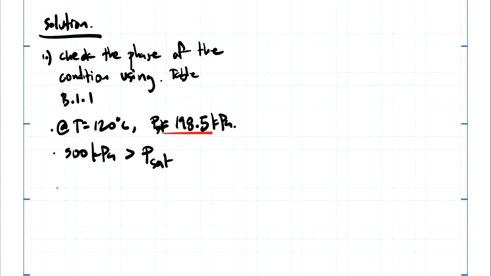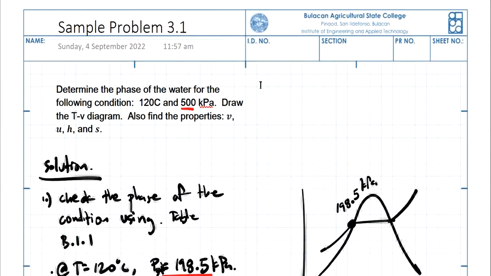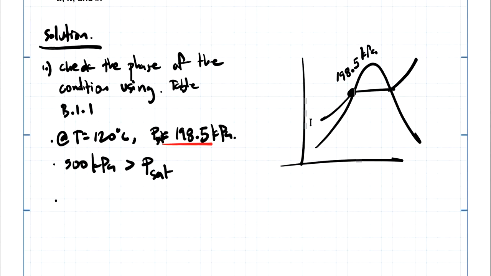So if the pressure is greater than the saturation pressure, that means, if here's our line, supposedly the pressure here is 198.5 kPa, and the given pressure in the problem is 500, that means there's too much pressure pressing the substance.